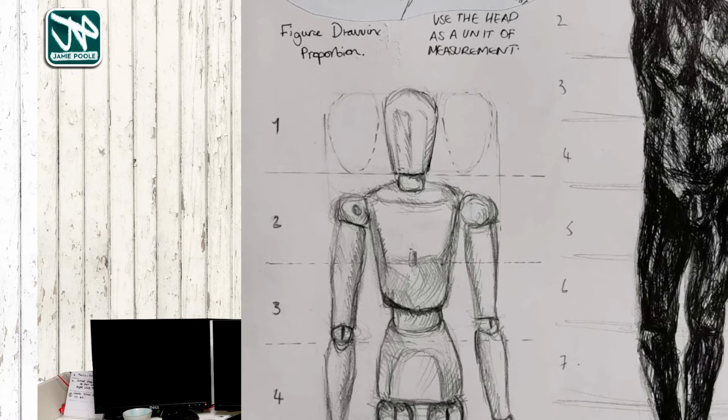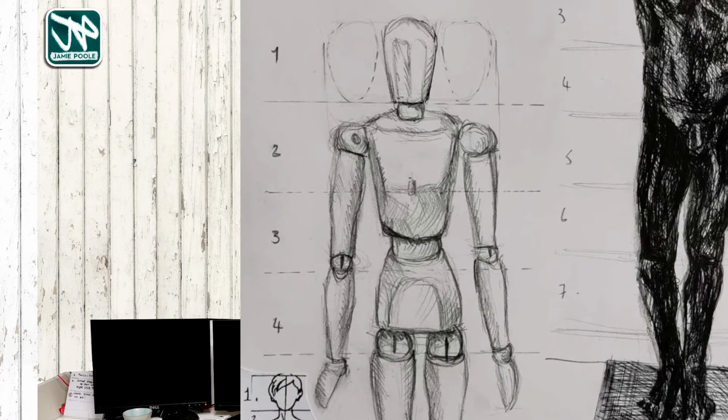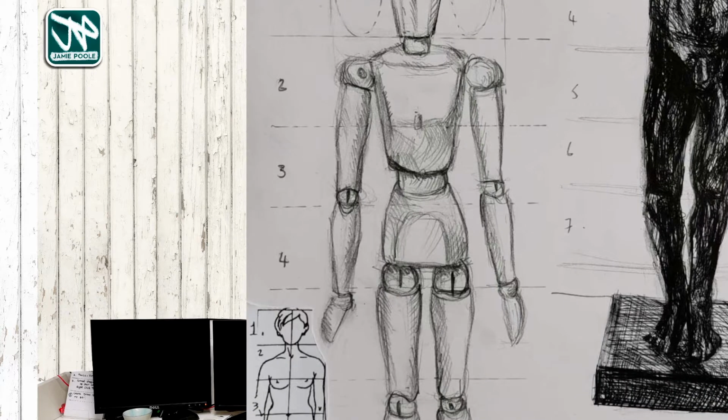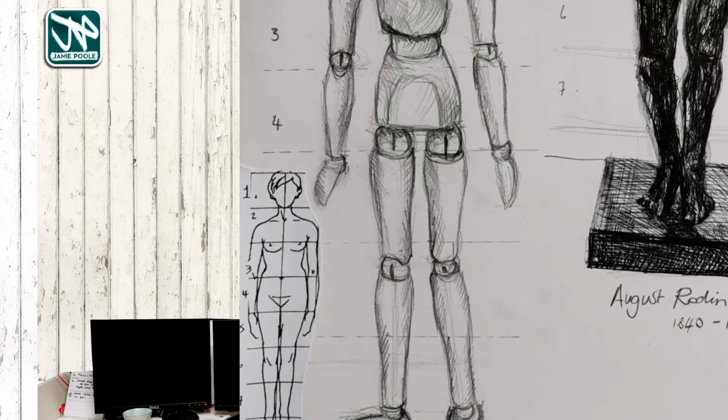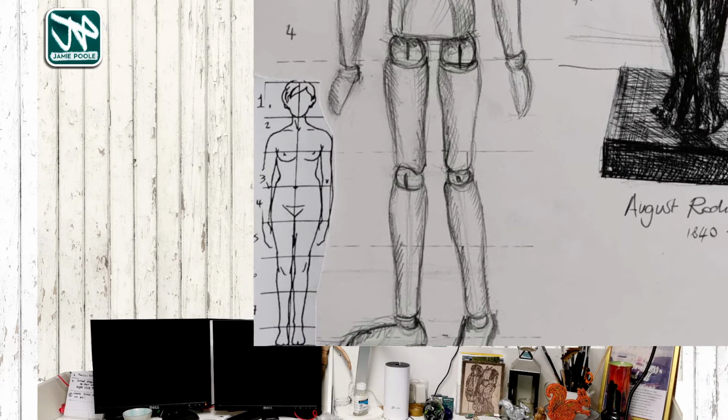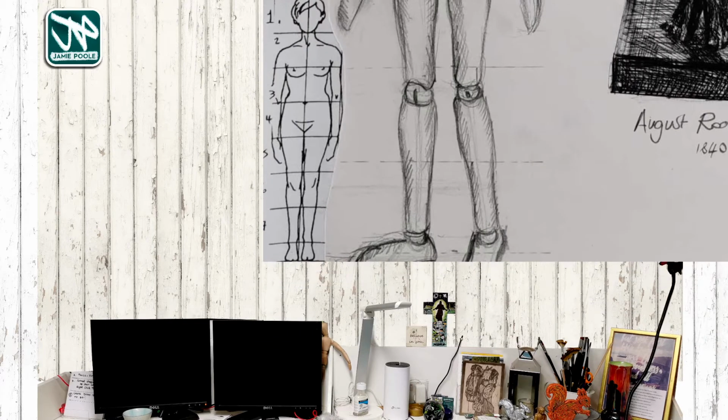Then the next head, if you take that measurement from number 1 down to number 2, you're going to have the chest. If we go down again, you're just below the waistline, and if you go down again, you're just on the top of the thighs, below those ball joints just there. And then the 5th head, just below it, you've got the knees.